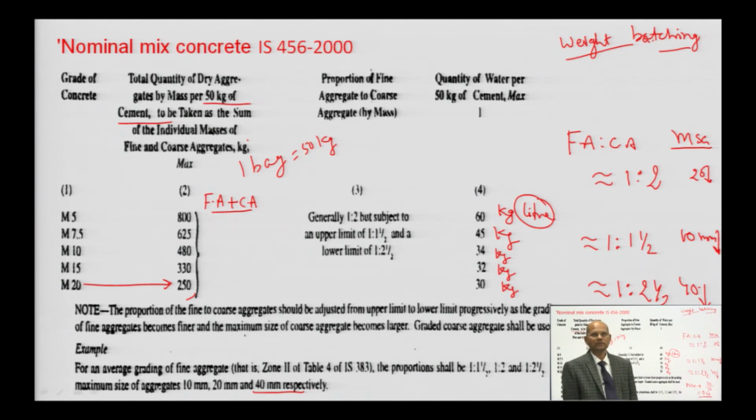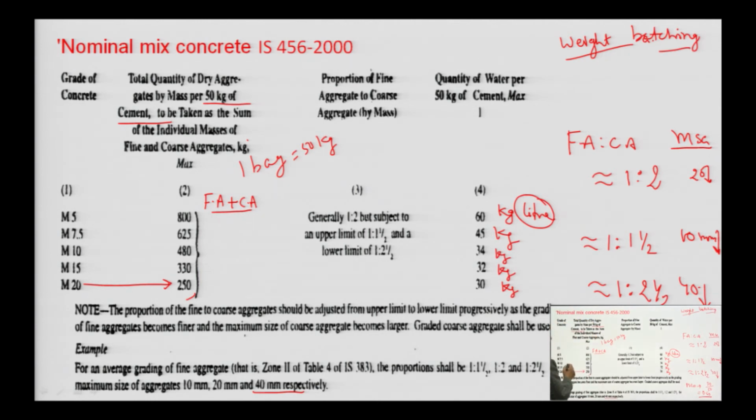So, that is a big variation. Average people take 35 liters. That is not the correct way, because strength is governed by the amount of cement, and workability and water cement ratio are also governed by this condition. So, the earlier code should not be adopted.